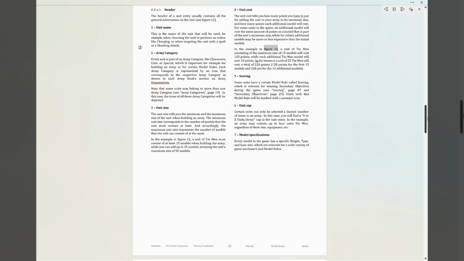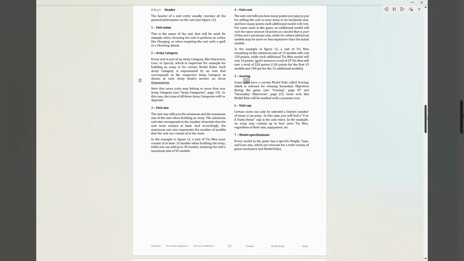In the example in Figure 12, a unit of 10 men consisting of the minimum size of 15 models will cost 120 points, while each additional 10-man model will cost 10 points. So, for instance, a unit of 25 10 men will cost a total of 220 points: 120 points for the first 15 models, and 100 points for the 10 additional models.